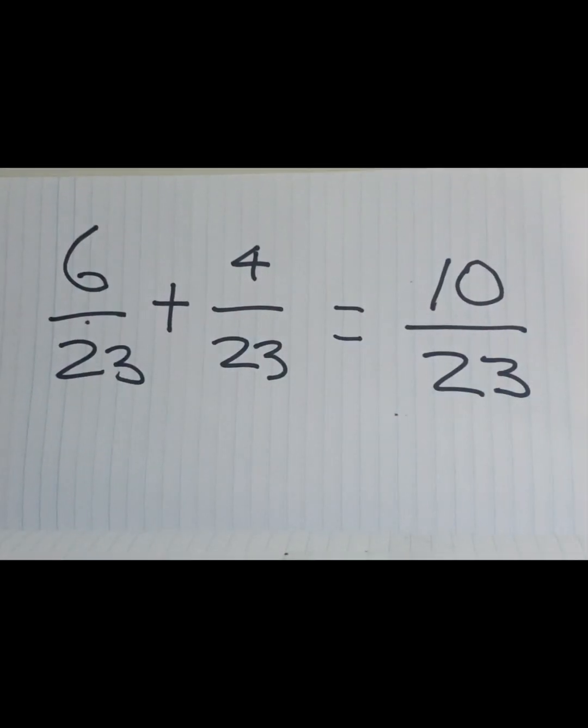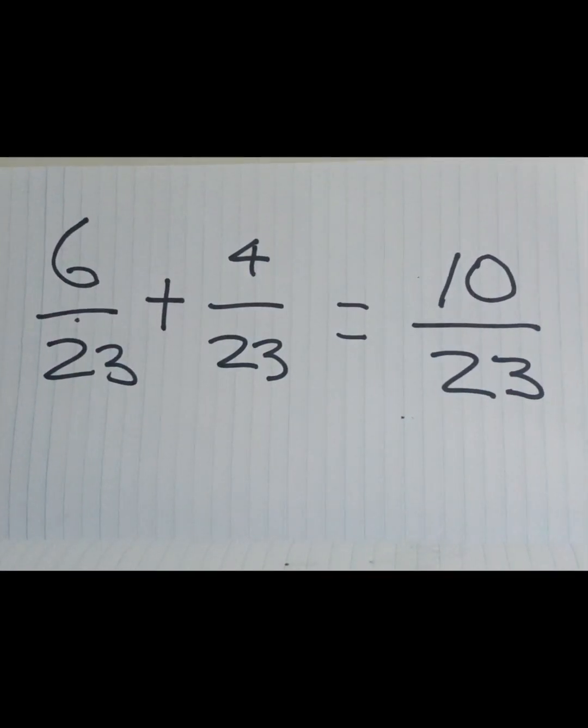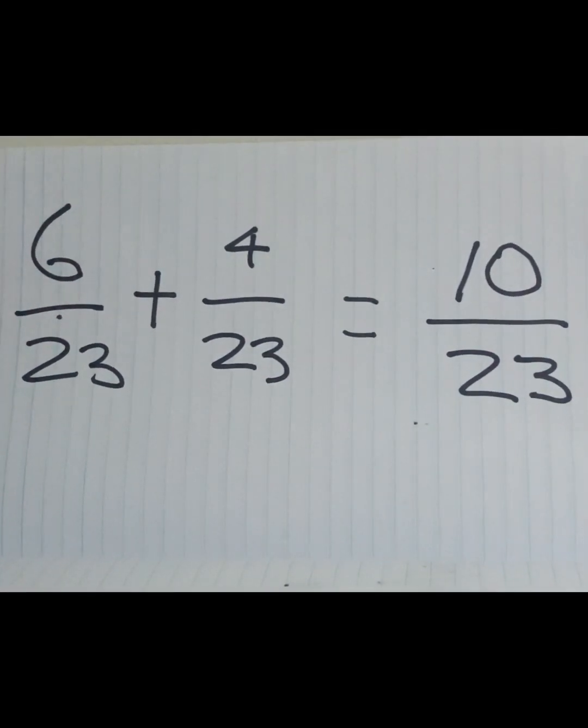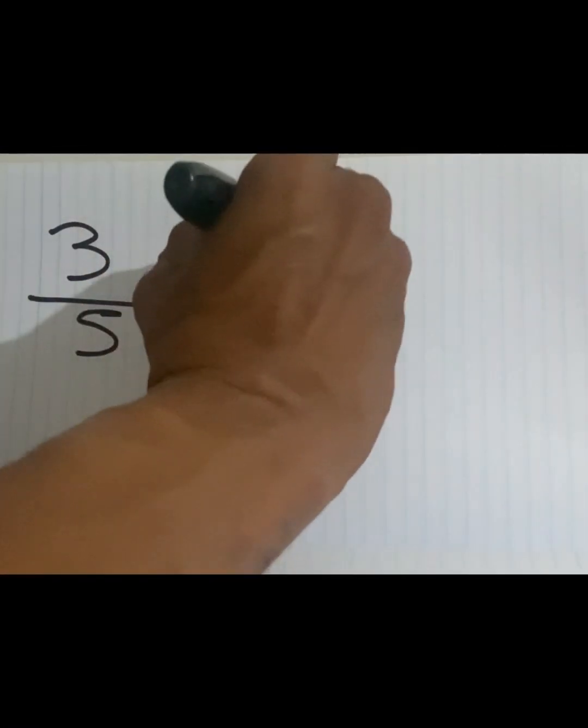When the denominators are the same, when we add our fractions, we just add our numerators and put it over the denominator. I may sound like a scratch record, but I've seen where people make a lot of mistakes in this regard. All right, let's do another so we understand exactly what we are getting into.